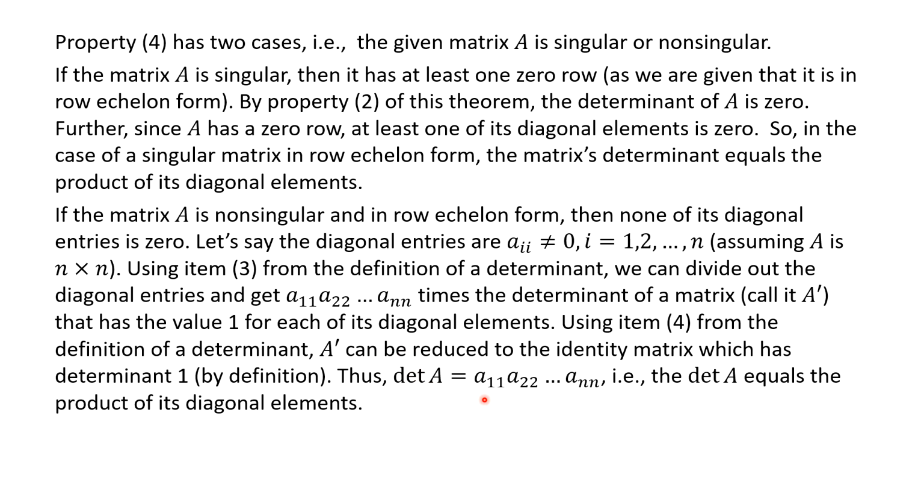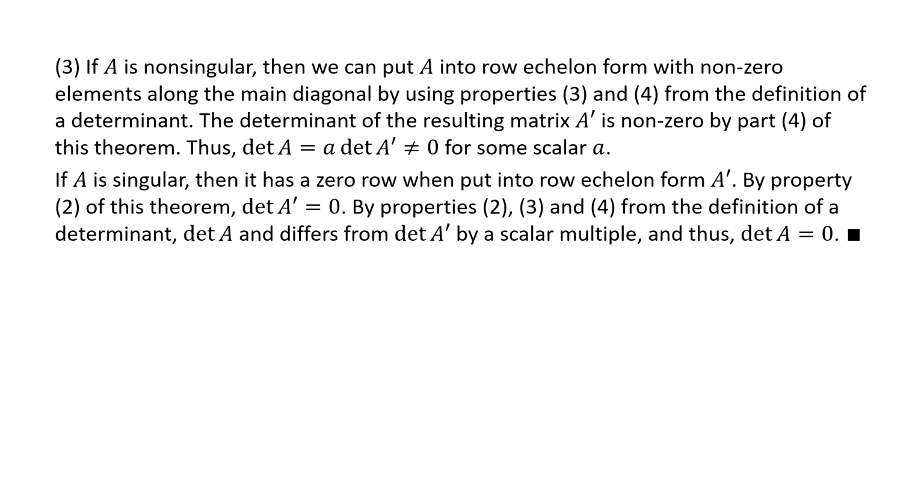Thus, the determinant of A equals the product of the diagonal elements times the determinant of A prime, which is just 1. In other words, the determinant of A equals the product of its diagonal elements. So there we have it. That's the proof of property number 4. Let's move on to the final property, number 3, which I'll prove on the next slide.